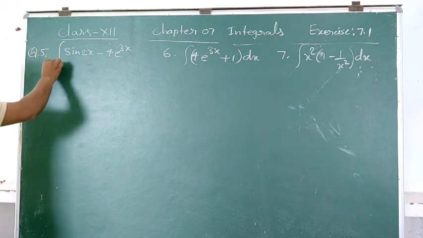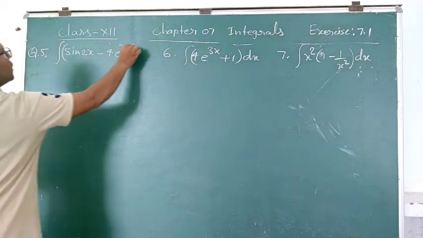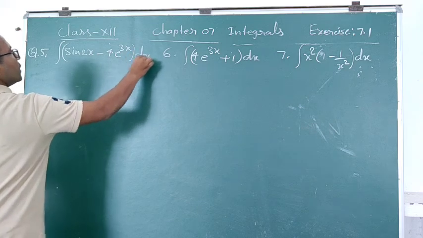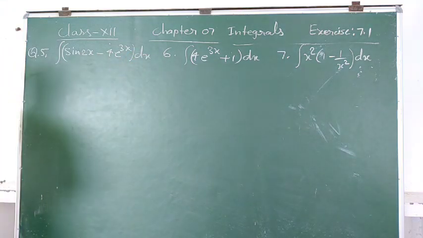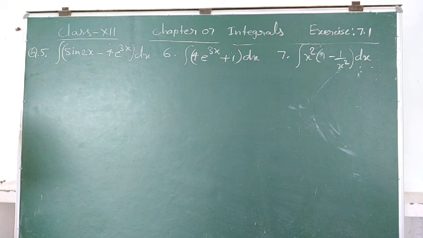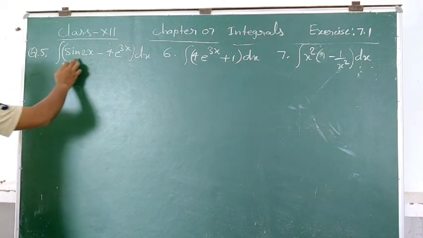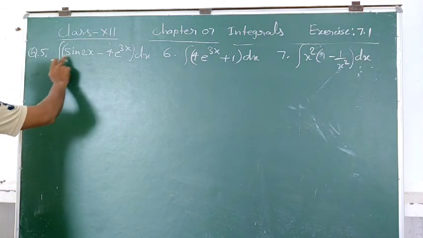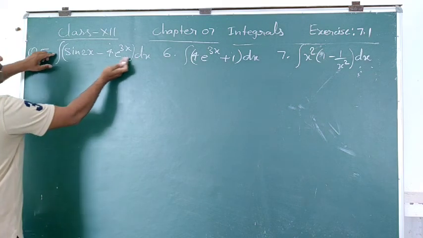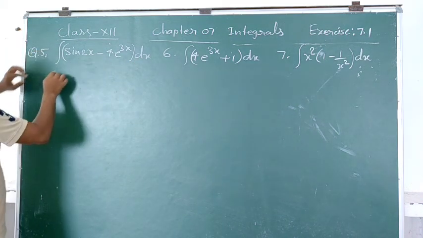Use the integral and use the bracket here, and we have to integrate with respect to x. First we will use the integral and multiply this dx with these terms. So how much will we get here?